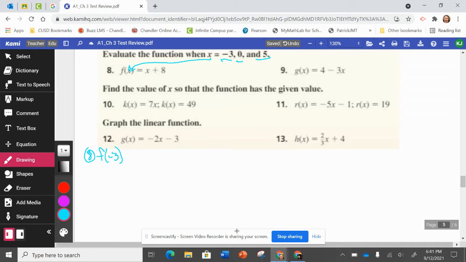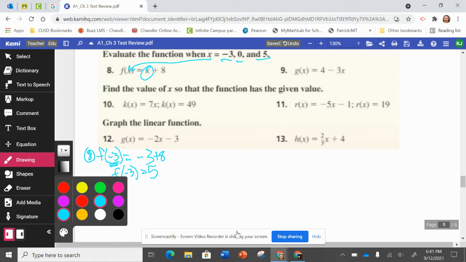This is f of -3. And that means that we change this x in our equation to whatever is in our parentheses here. So -3 plus 8 is 5. So our answer to that is 5.